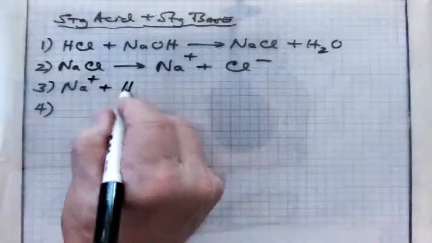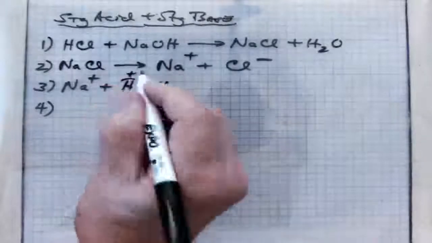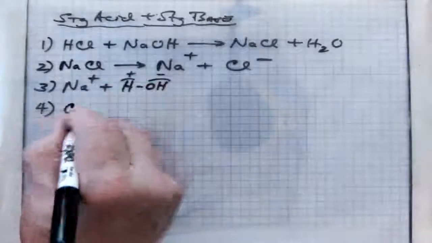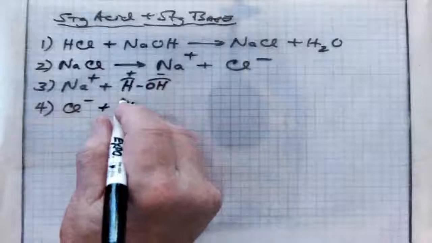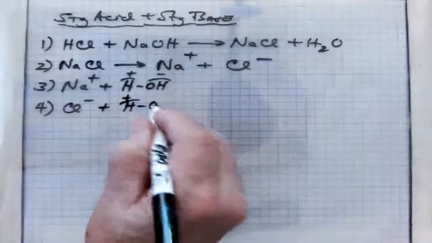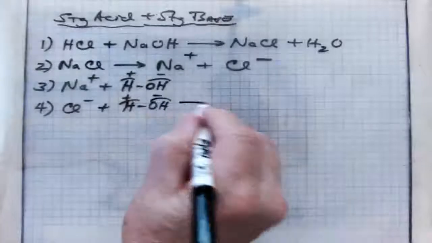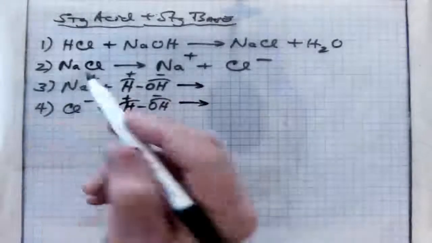So sodium being positively charged would theoretically bond with hydroxide, and we'd have sodium hydroxide. And chloride would bond with the hydrogen, and we theoretically have HCl plus an excess of hydroxide ion, or an excess of hydronium ion.